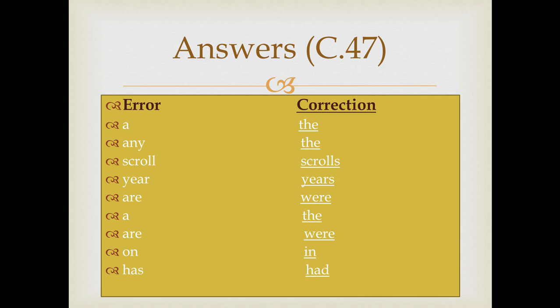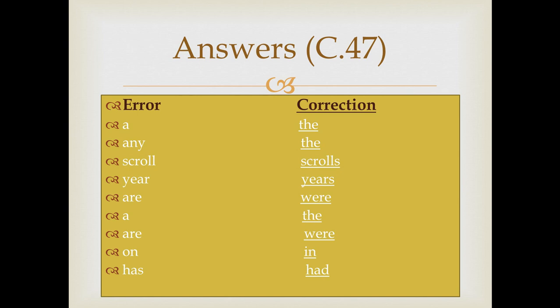Now, this is the unedited passage which is given. Now, we are going to find the error in this passage and then we will make the necessary corrections. Okay, so let's start. The Dead Sea Scrolls are the oldest known manuscript?